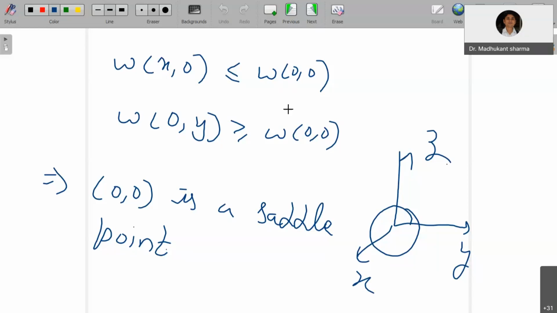Please share those notes with me on my mail. The final expression of your f of x comma y, how it is defined, and your steps for deriving fx, and fx at 0, 0 also. These three things you should mainly do.